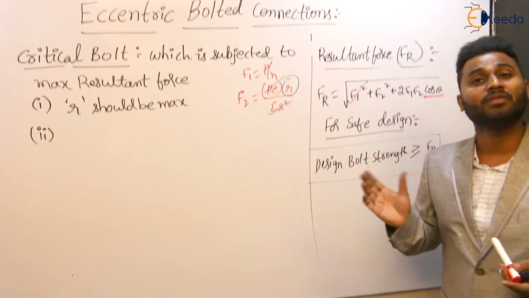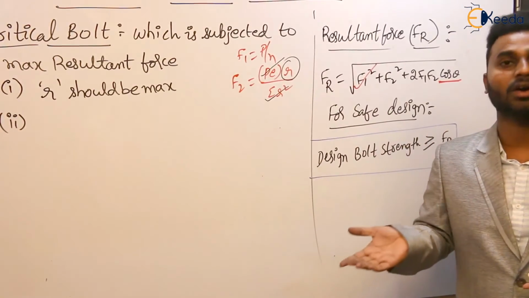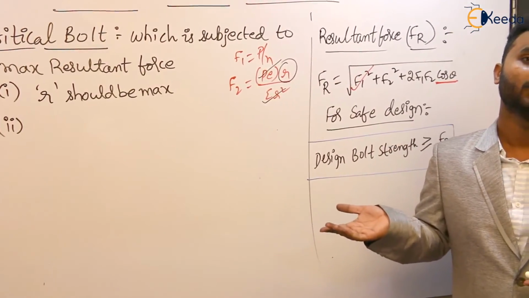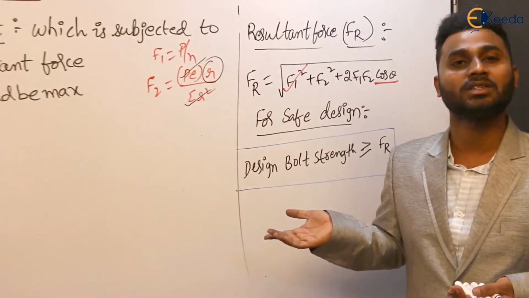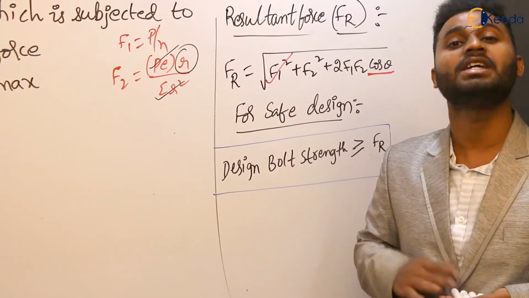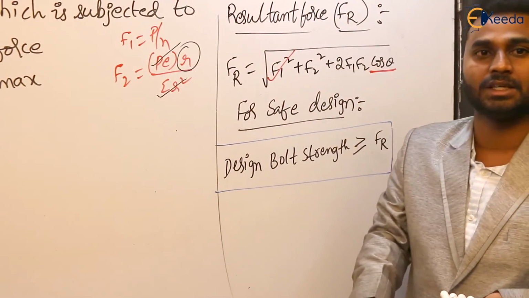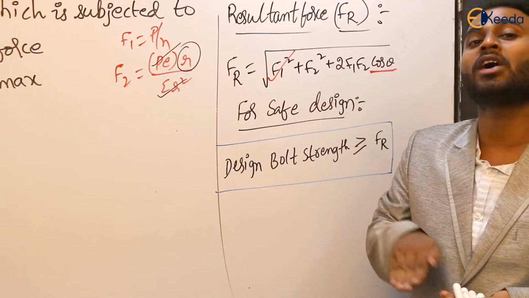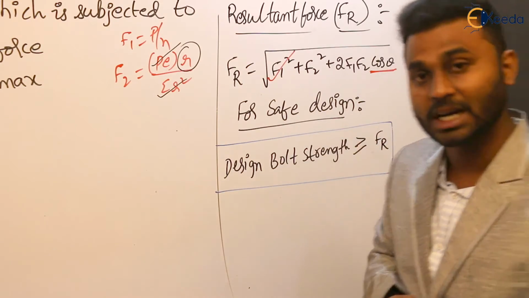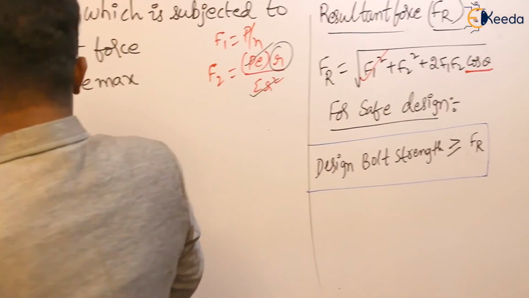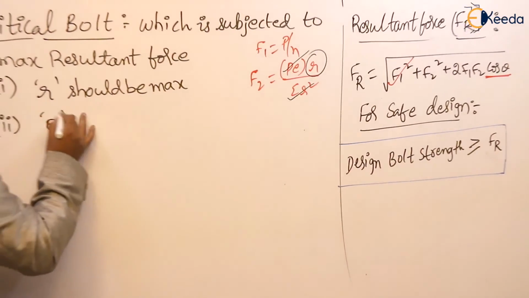For which values of theta is the cos theta value maximum? Cos 0 is 1, cos 90 is 0. So as theta increases, the cos function decreases. So for minimum values of theta, the cos values are maximum. So the condition for maximum FR, one more condition, is that theta should be minimum.